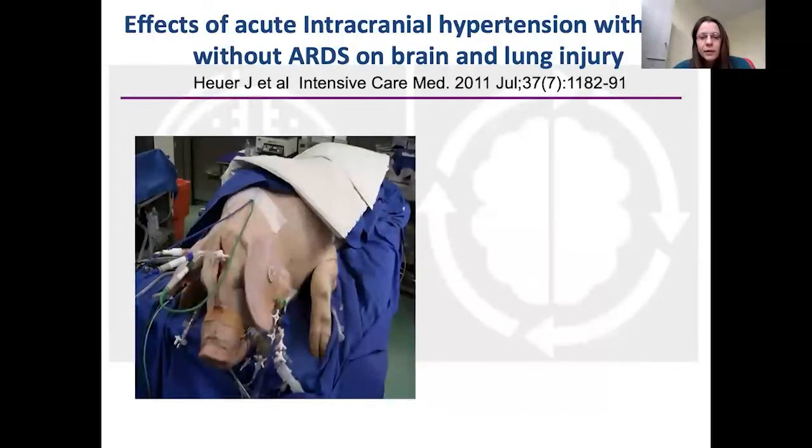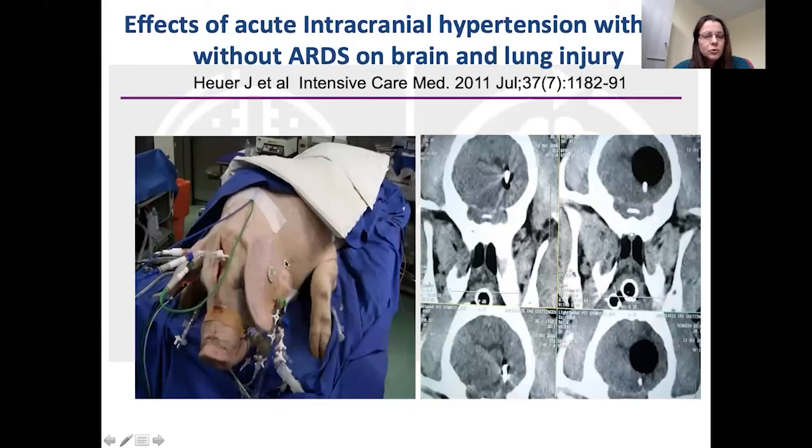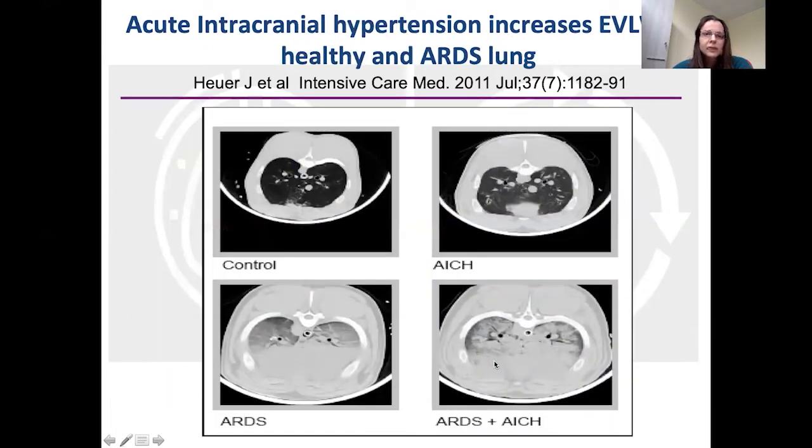This is an experimental and interesting study which was performed on piglet models here, who were monitored with intracranial pressure, and this is basically a model of acute intracranial hypertension.